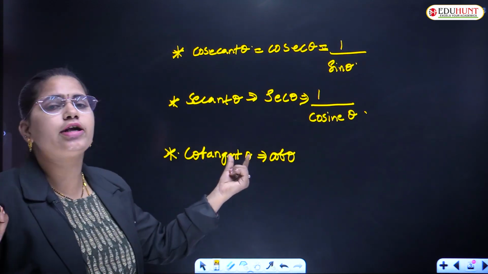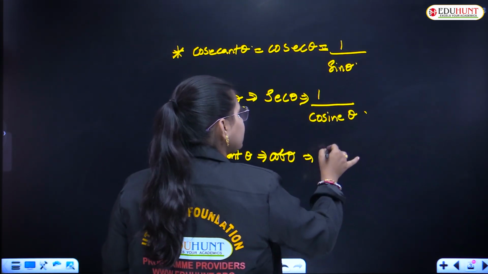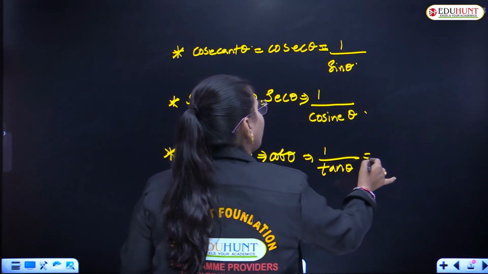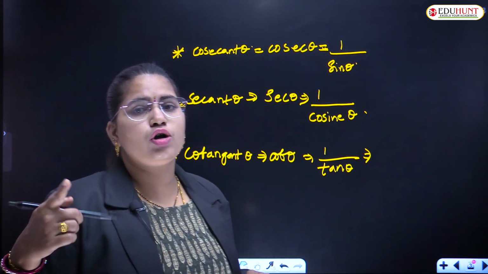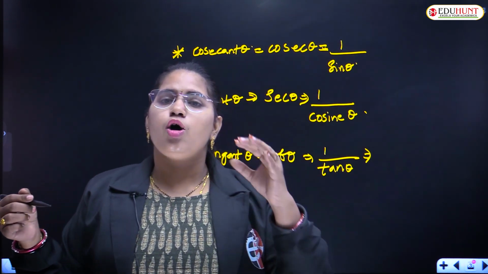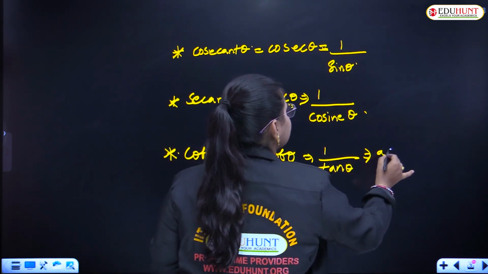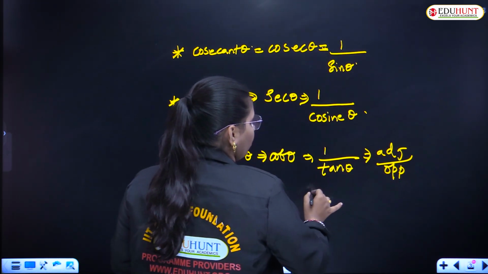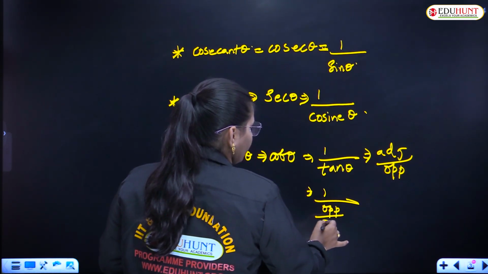Cotangent theta, they read it as cot theta. So cot theta is defined as the reciprocal of tan theta. I told you tan in terms of other cases, no? Tan can be written another way. What is it? Opposite upon adjacent, right? This will become adjacent upon opposite. It is a reciprocal function, right? 1 by opposite upon adjacent.